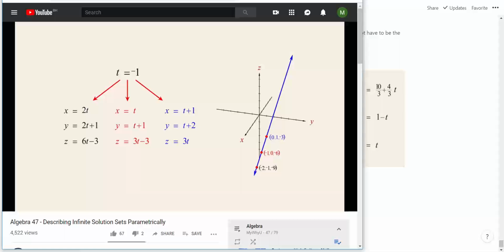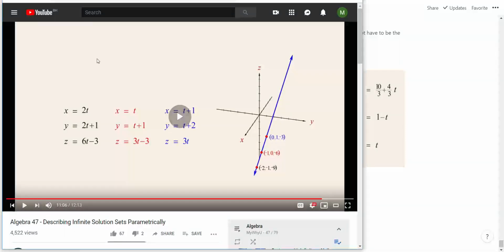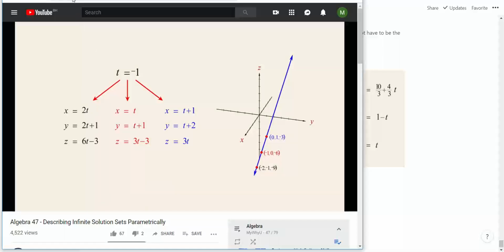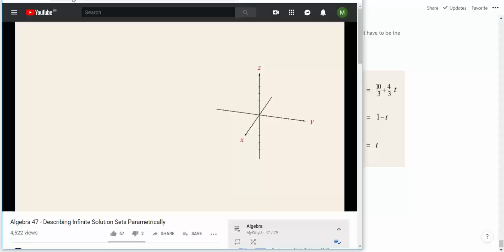Likewise, as the value of the parameter changes, the point described by different equations may move along the line at different rates. But although the equations may be different, as long as they describe every point on the line, they are a valid description of the solution set.